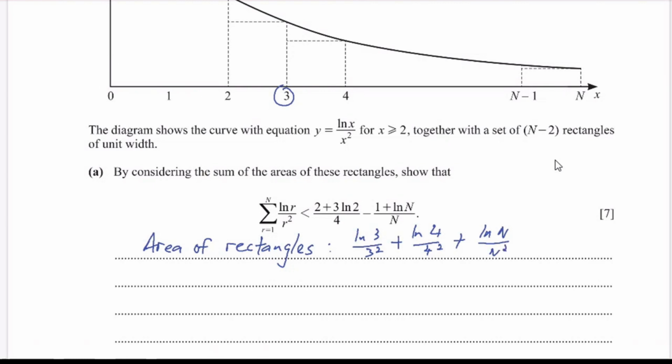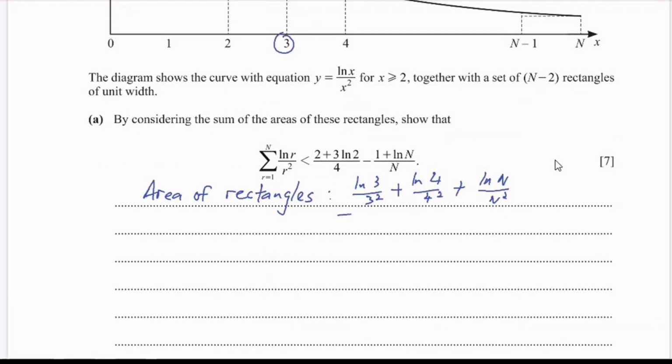We didn't really care about the width because the width is 1, so we don't have to multiply by the width. So the area of the rectangles we're considering is the sum starting from r equals 3 to n of ln r over r squared.